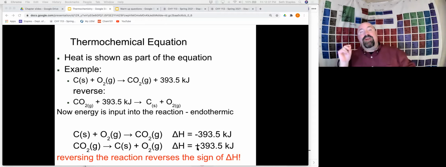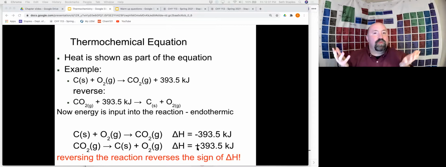And this is going to be something else that's very important for us to note as we move on in this unit, is that simply reversing a reaction, thinking about a reaction in the reverse direction, the enthalpy change is the same. The magnitude of the amount of energy change is the same, but the sign is opposite. If a reaction written in one direction releases energy, then the reaction going in the opposite direction takes in energy.